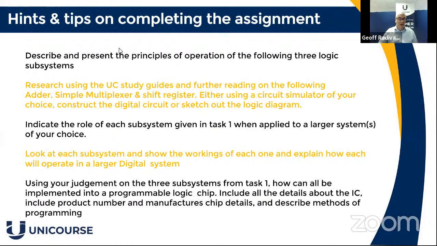So now, when we're looking at the 3 subsystems, you then have to implement it into a programmable logic chip. So in other words, you can purchase the various things, the adders and multiplexers and shift registers, in one IC, one chip, and that can be programmed.